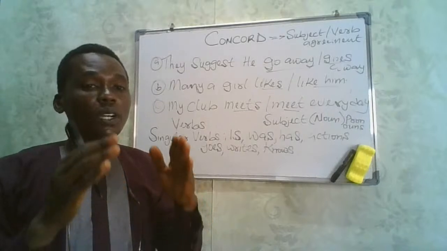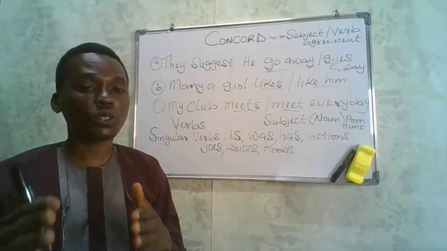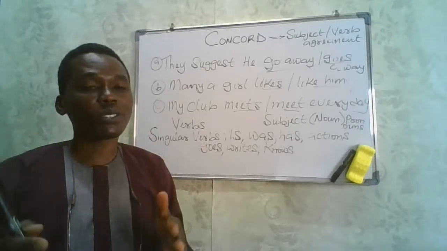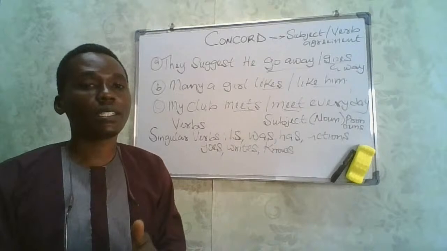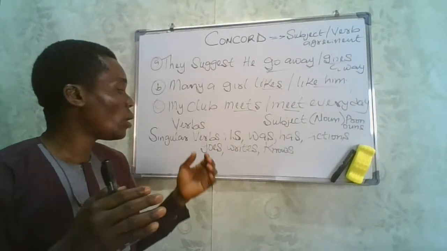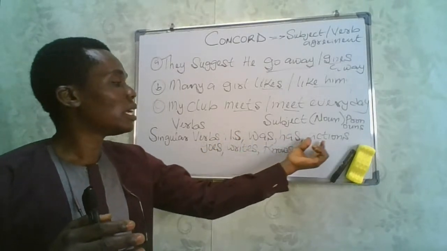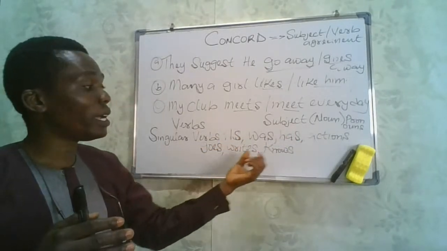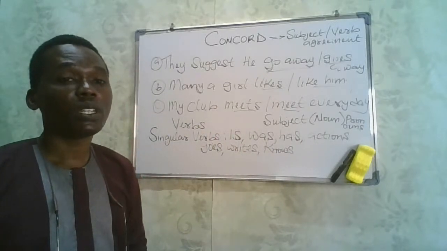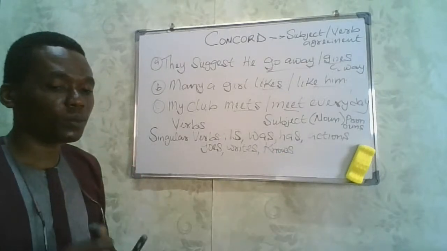Singular verbs have s at the back of each of those action words or auxiliary verbs, but they don't have s when it comes to plural. So note that is, was, has, and actions like goes, writes, knows are all singular verbs. Now, what about plural verbs?